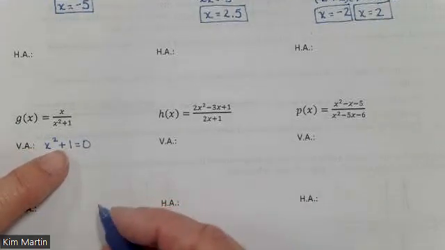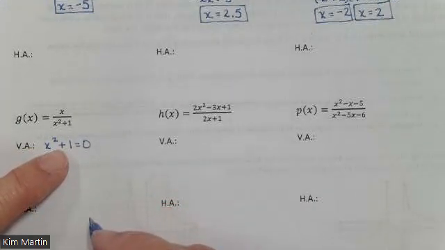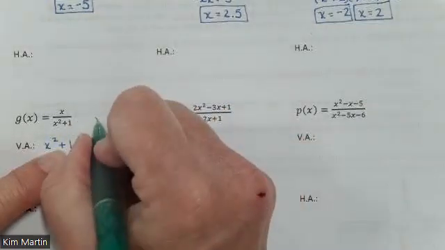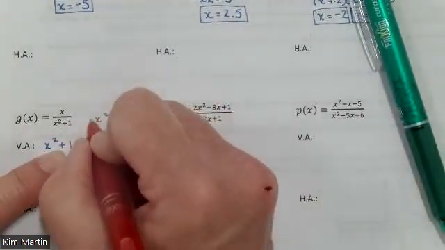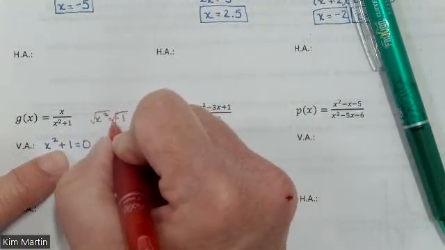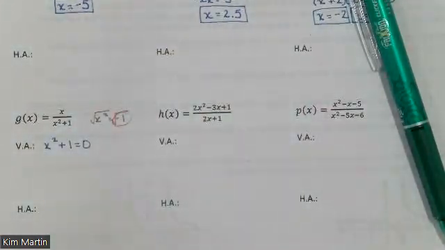The only way that you could possibly try to solve this would be to take that 1 to the other side, but then you get x squared equals -1, and then you take the square root. But are we allowed to take the square root of -1 in this class? No. We've never learned that. You're not allowed to in this class. It's an imaginary number, but we do not teach that in this class.